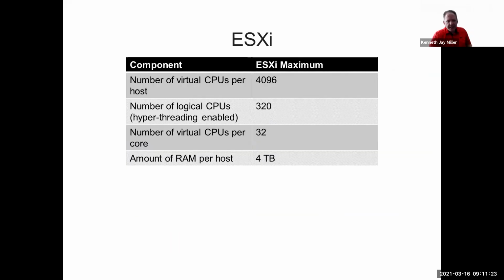Now, ESXi can support up to 4,000 virtual CPUs, 320 logical CPUs, 32 physical or virtual CPUs per core, and up to 4 terabytes of RAM.